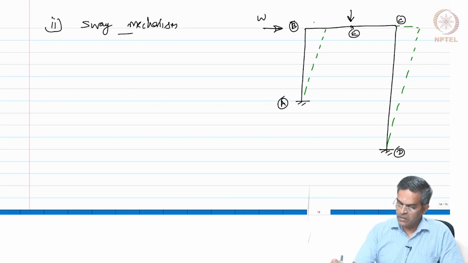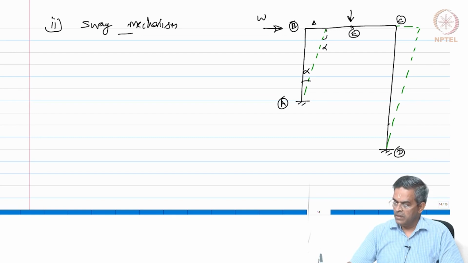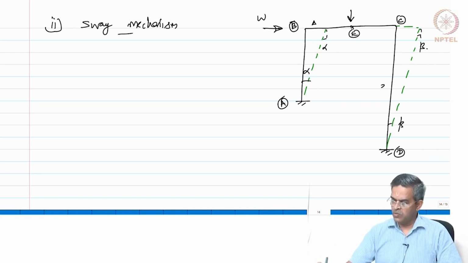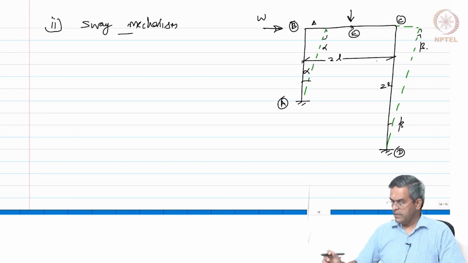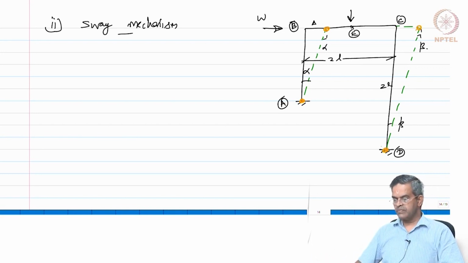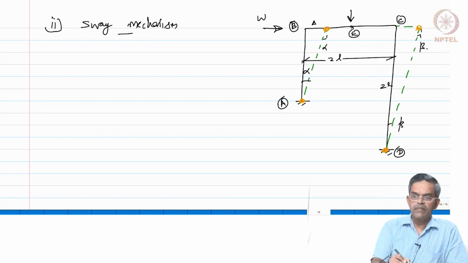If I call this delta and this alpha, this is also going to be alpha, and this is beta, this is going to be beta. We know this is 2L, this is also 2L. So, let us assume hinges at A, B, C and D.